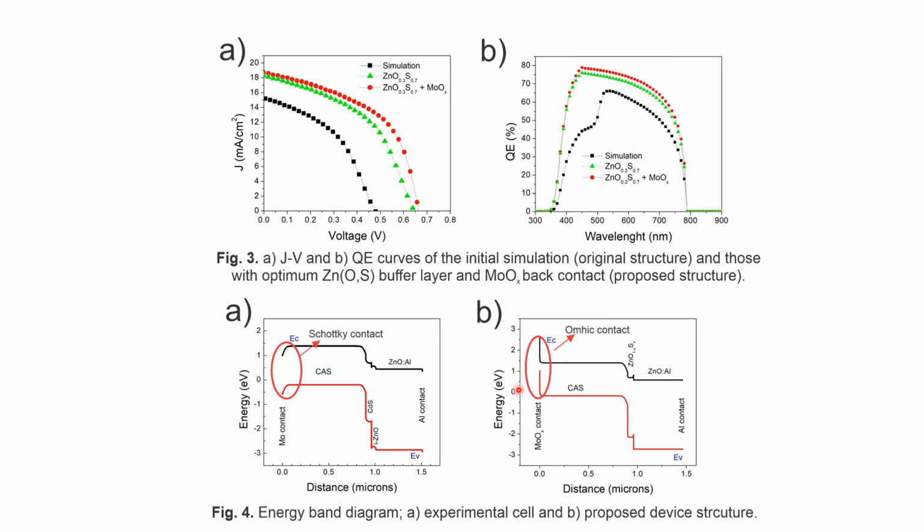And in subsection B, the molybdenum oxide back contact has a graded work function of 6.6 electron volts, and this favors the formation of an ohmic contact, which is characterized by having a lower resistance for the transport of charge carriers.